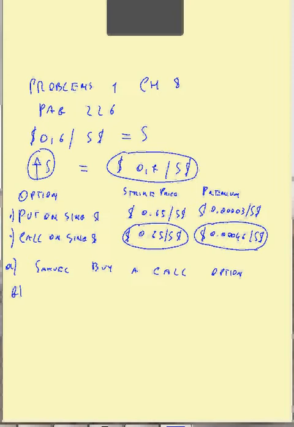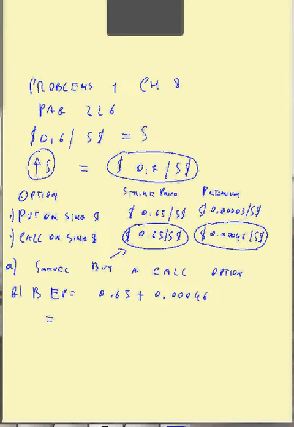So this break-even price is equal to the strike price 0.65 plus the premium we have to pay, which is 0.00046.